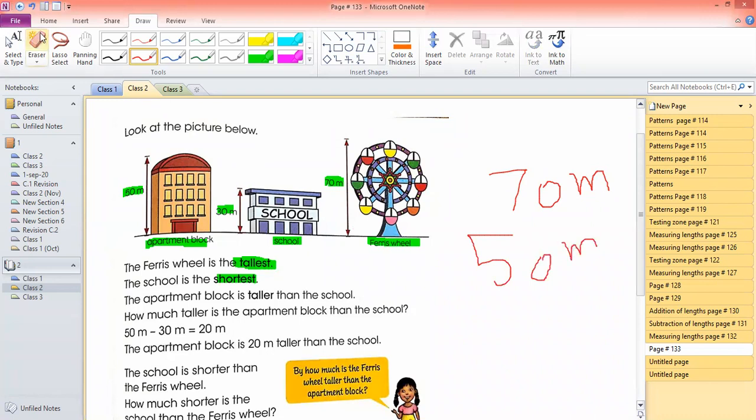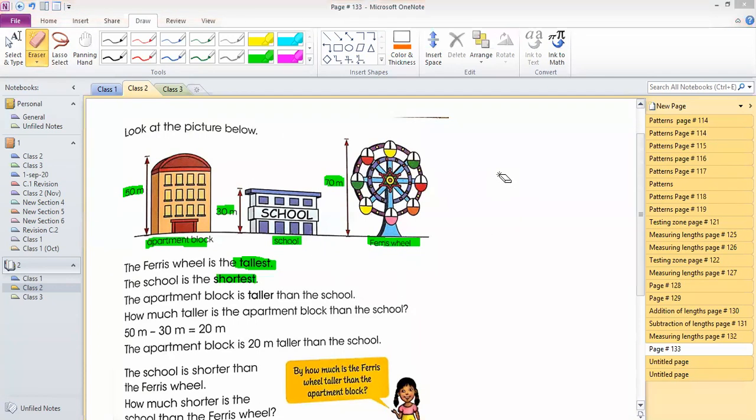So 70 is bigger than 50. So you can say that the apartment block is shorter than the Ferris wheel, or you can also say that the Ferris wheel is taller than the apartment block. That's very good.